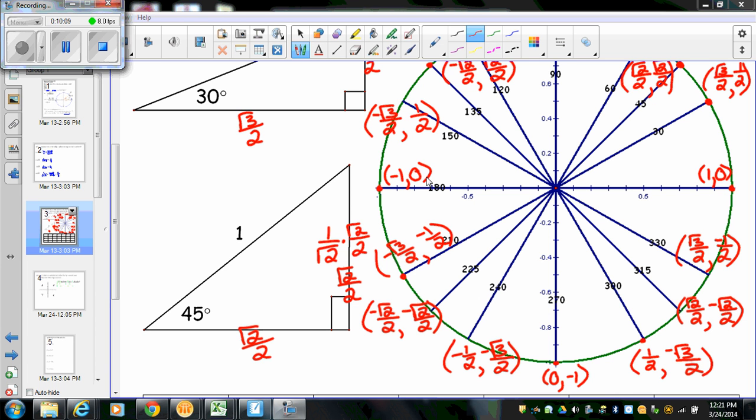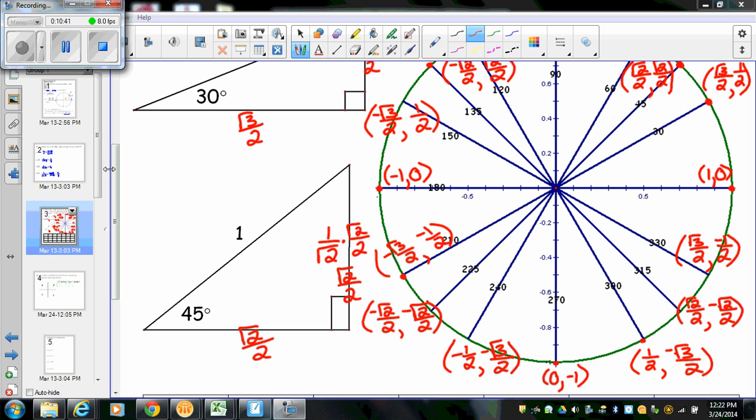We should have (-1, 0), (-√3/2, -1/2), (-√2/2, -√2/2), (-1/2, -√3/2), (0, -1), (1/2, -√3/2), (√2/2, -√2/2), (√3/2, -1/2), and then (1, 0). So there's your unit circle there.